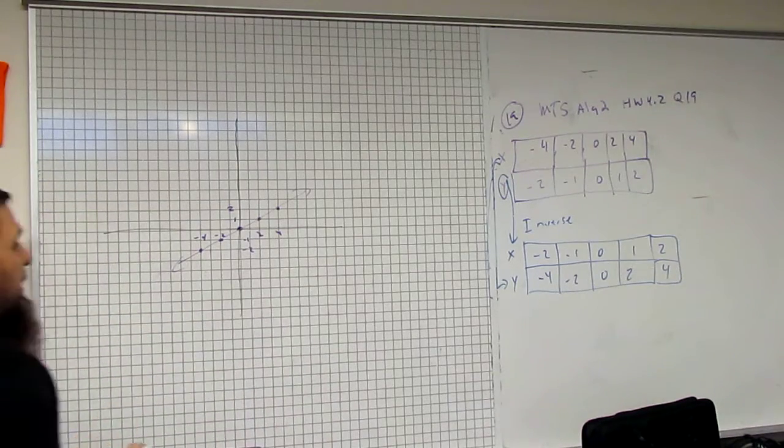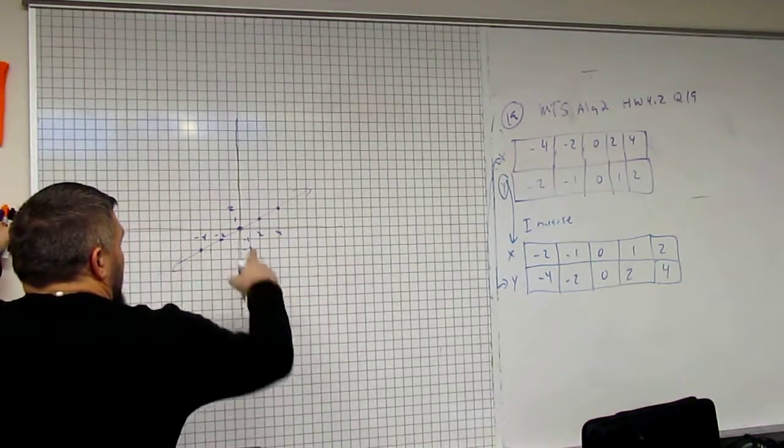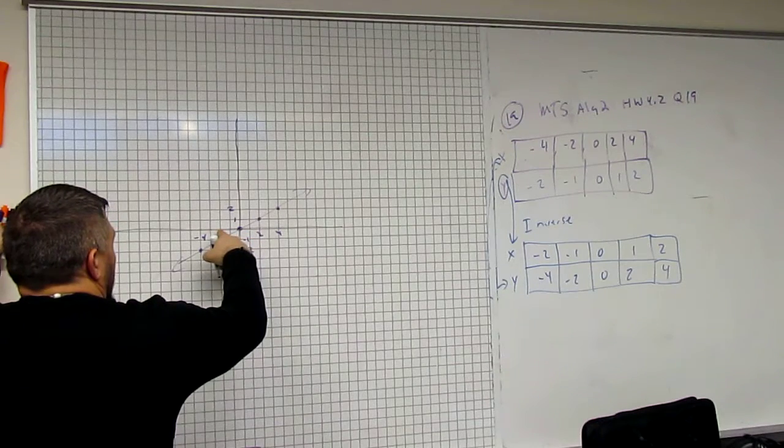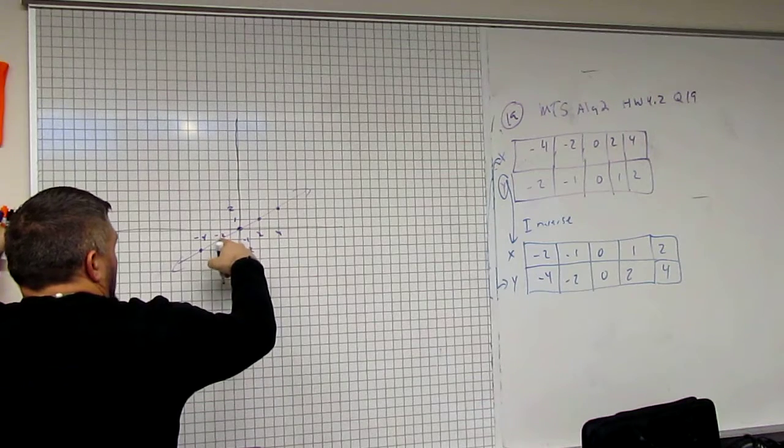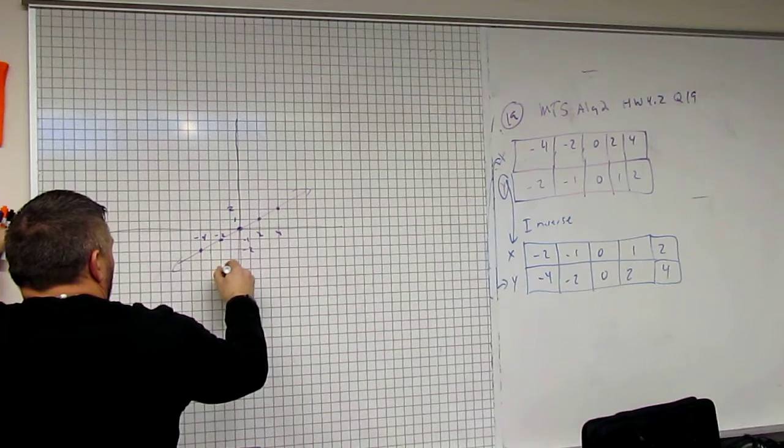And it looks like x is -2, y is -4. Is that right? So -2, -4. 1, 2, 3, 4.